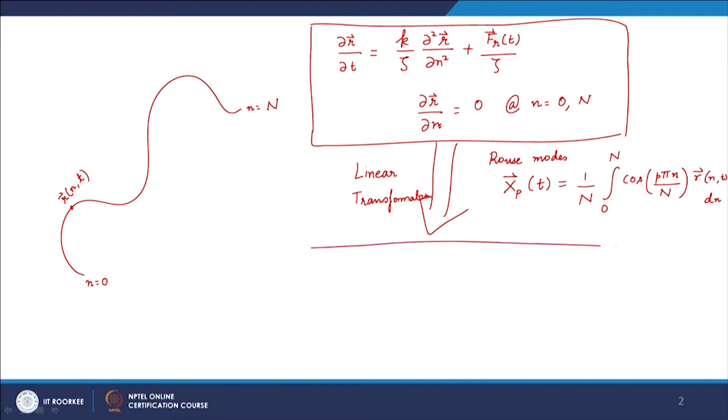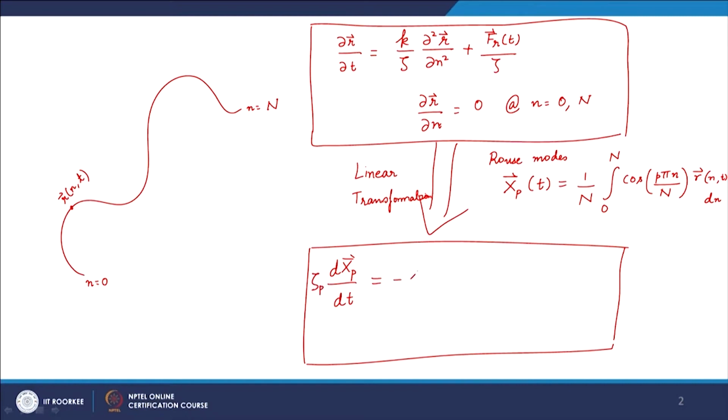And using that I then have equations of this sort. This was a PDE and this is now a set of ODEs, where p runs from 0, 1, 2 and so on.